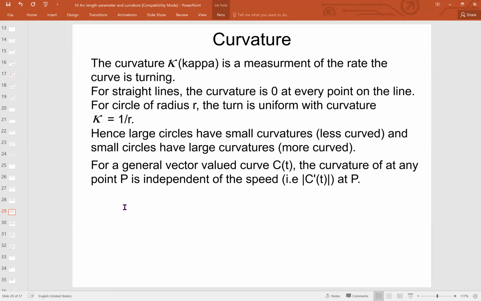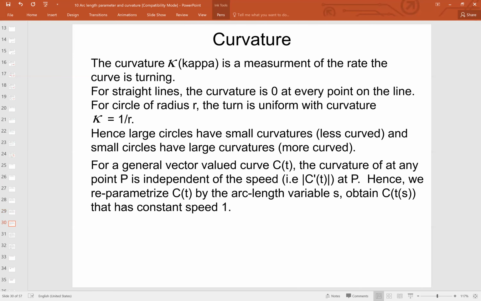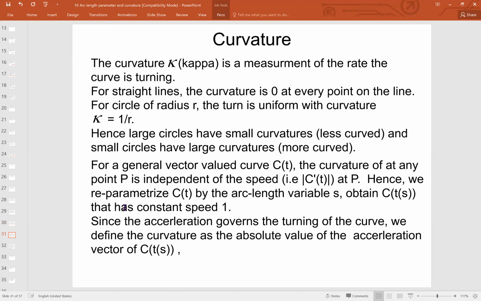So we parameterize by arc length, and then we take the derivative of that, and the second derivative of that, the acceleration, and that is going to be the curvature.